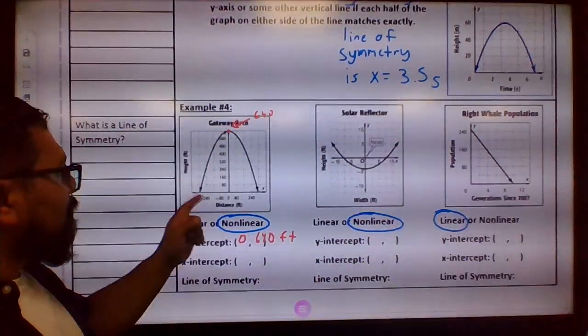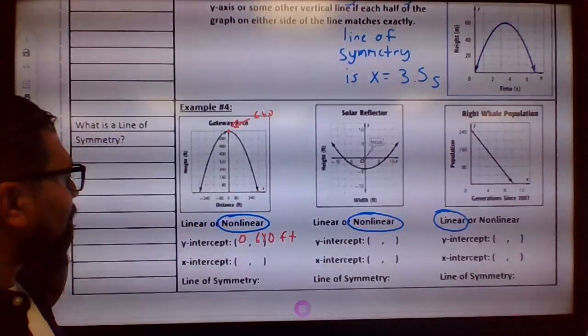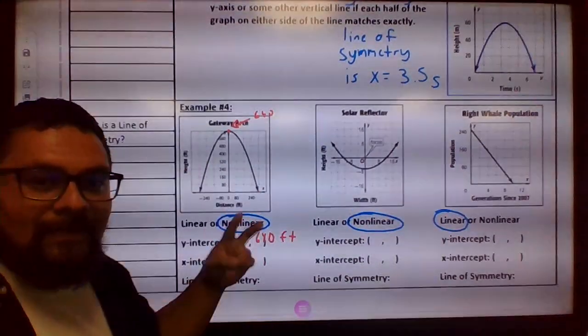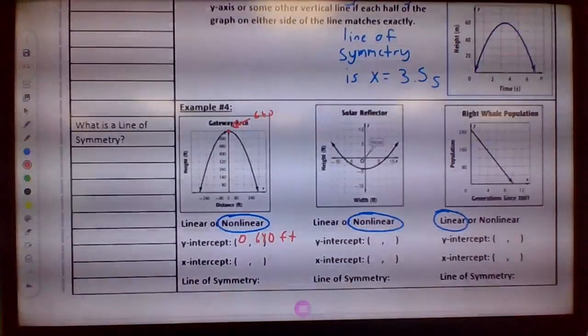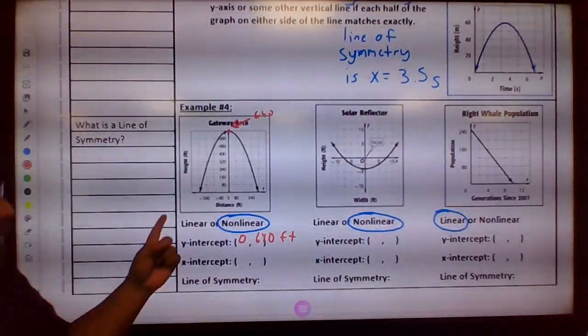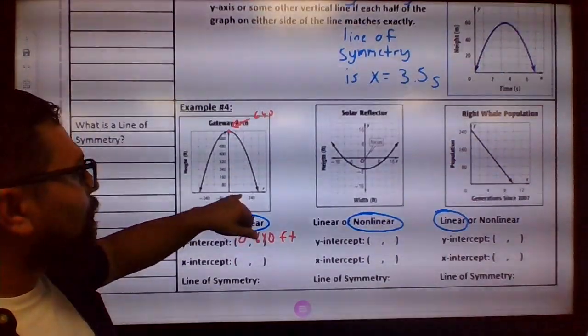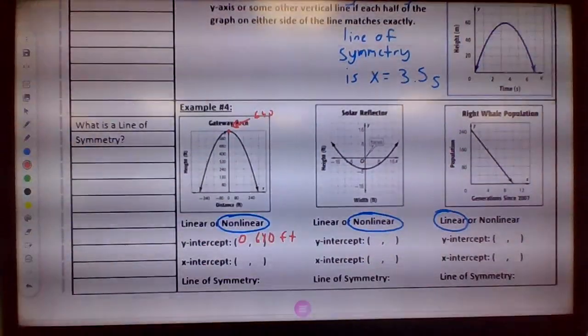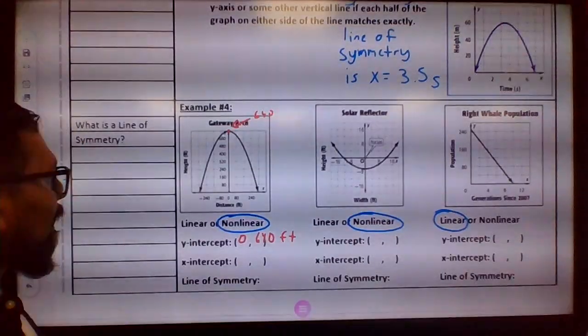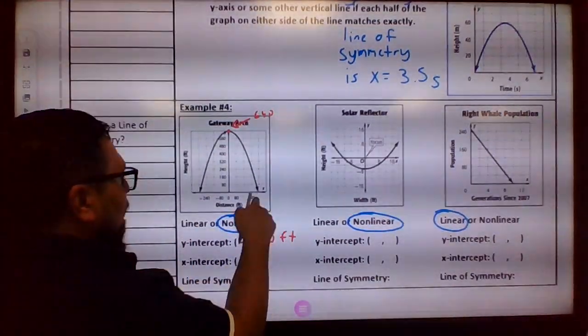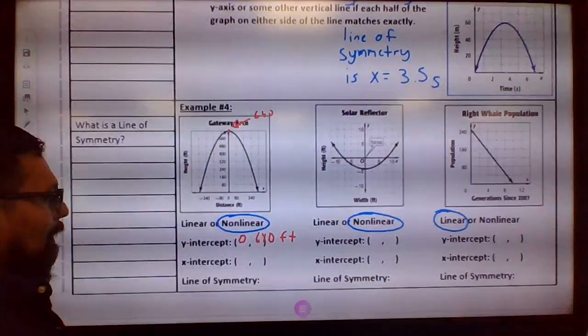And the x-intercept is, where does it cross the x-axis? It looks like it crosses the x-axis at 2 places. It looks like it's going up by 80 again. So it goes 80, 160, 240. So it looks like it's 320. It crosses the x-axis at 320 here and at negative 320 here.